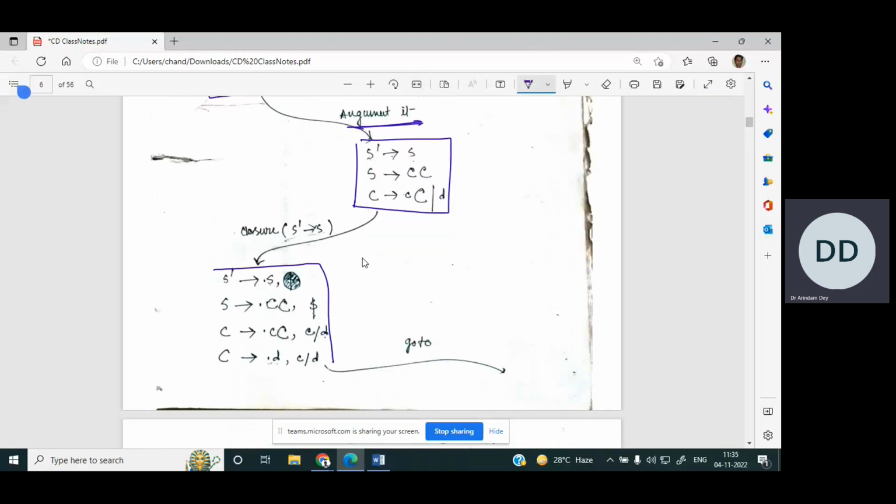So here this is a closure function, but you might be wondering why I have written some more part over here, because here some symbols are there like dollar. This was the example for LALR, you may not consider it, so just discard it.